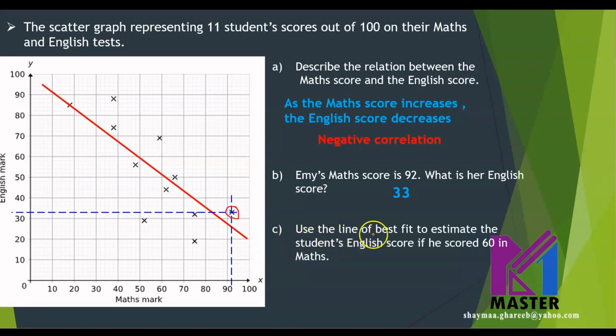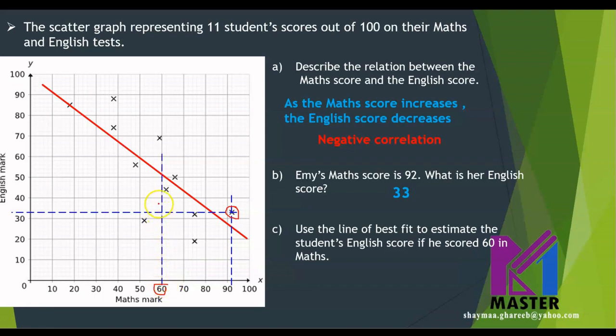Question C, use the line of best fit to estimate the student's English score if he scored 60 in math. When we look at 60 in math, we will not find any student of these 11 students. So in this case, we can use the line of best fit to estimate the mark of English as follows.